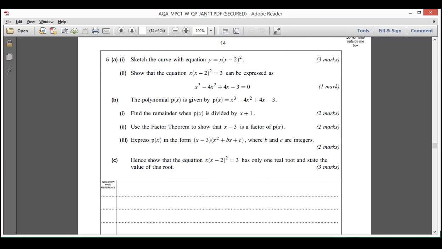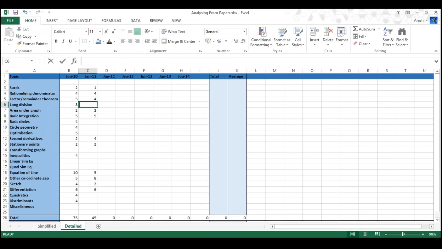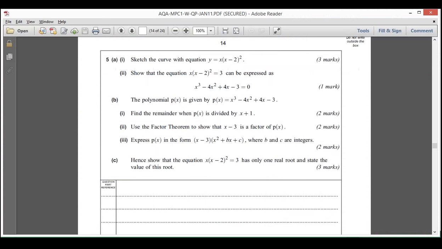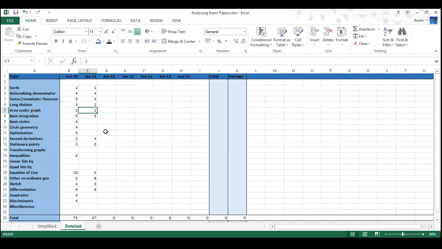Express that in that form, so that's kind of long division there. So 2 marks there. Hence show the equation has only one real root, so that would be the discriminant, I'm guessing. That's equal to that. Yep, so we'll put that under discriminant, so 3 marks under discriminant.